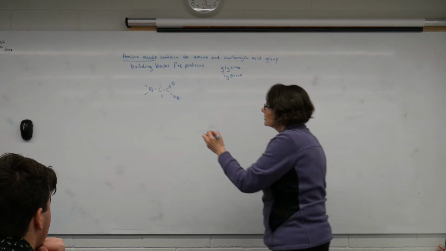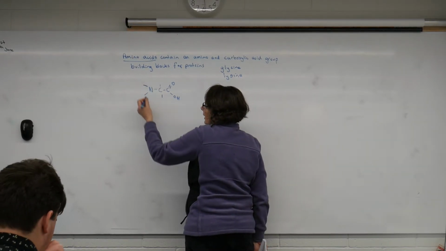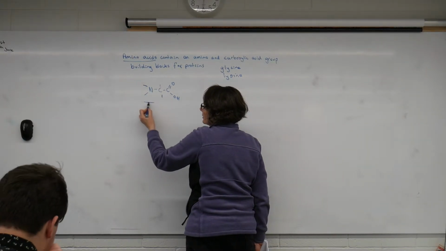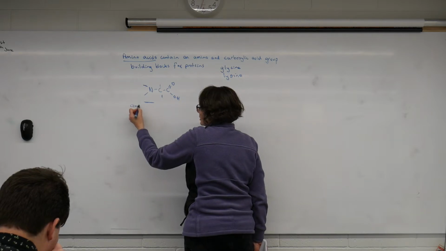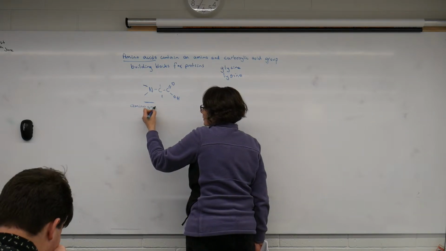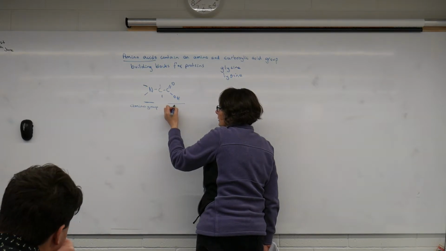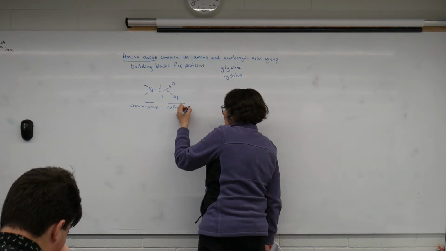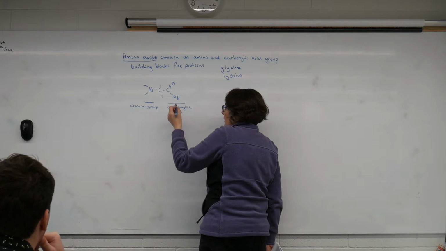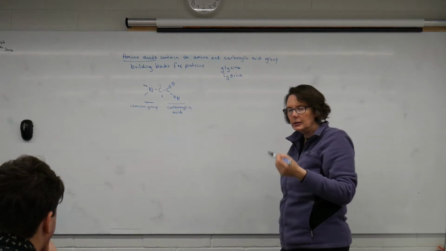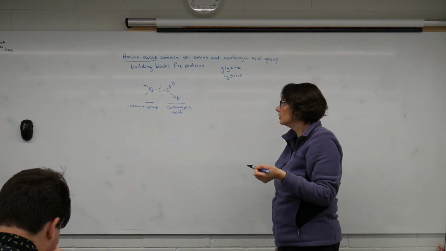So we can tell this is an amino acid because it has an amino group at this end and a carboxylic acid group at this end. The carboxylic acid has to always be at the end of the molecule.